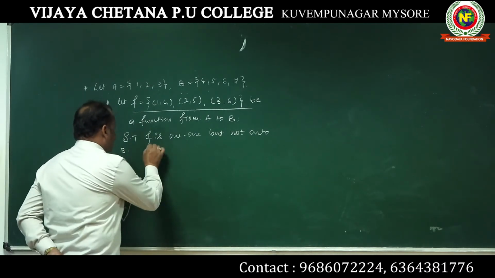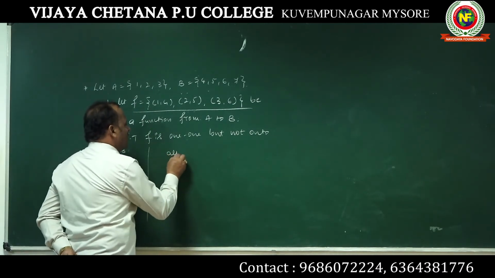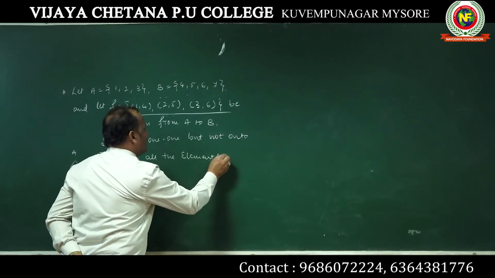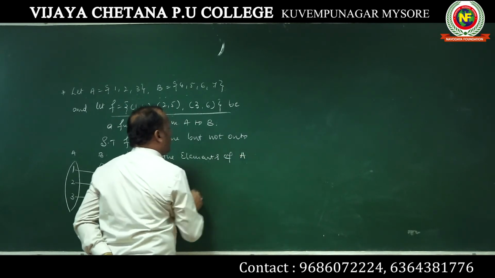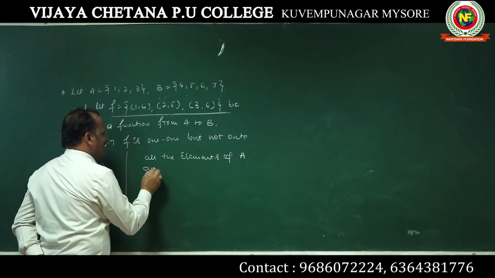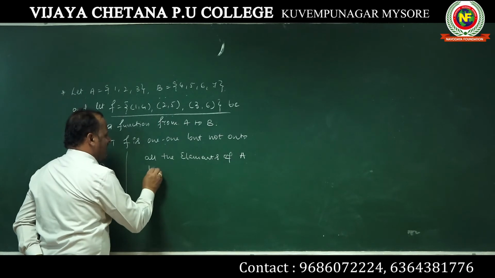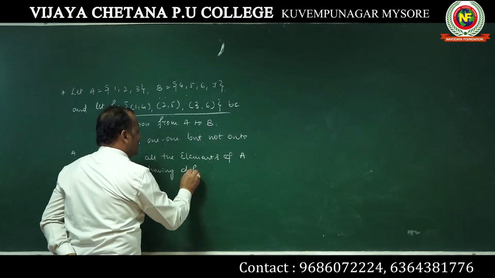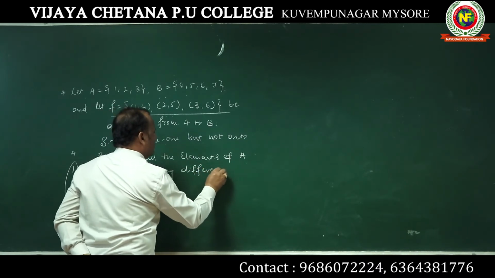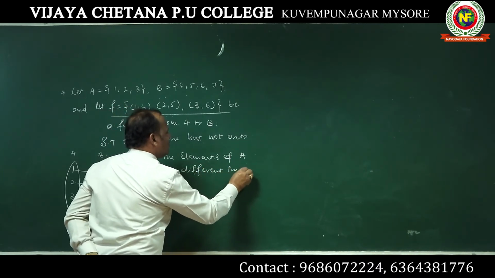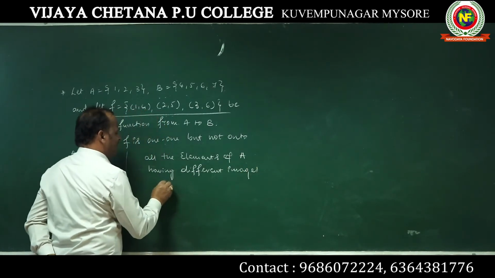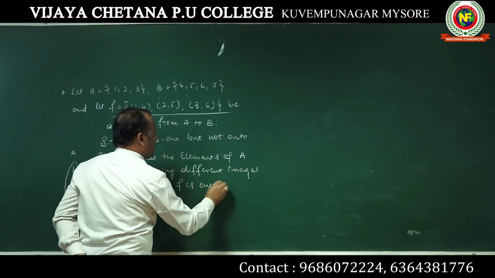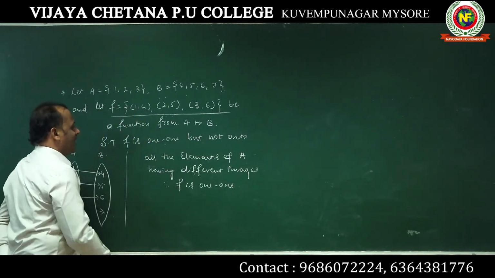Now here I write: all the elements of A are having different images. Therefore F is 1-1.